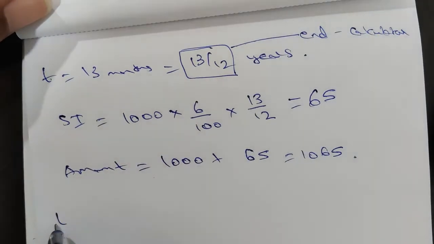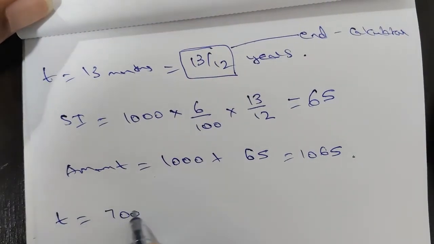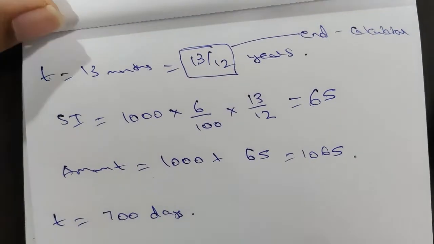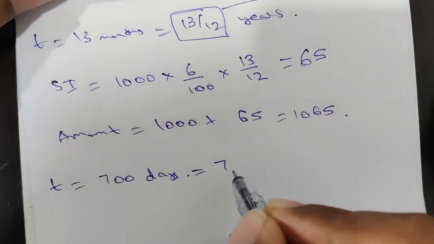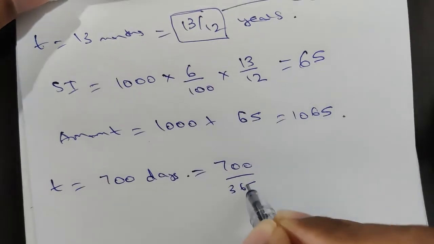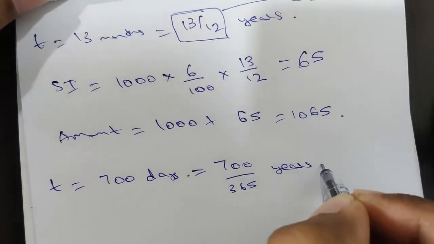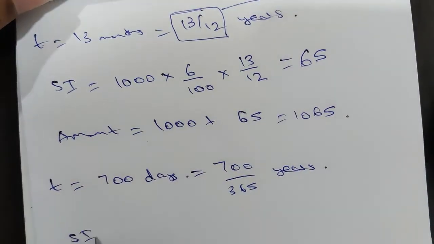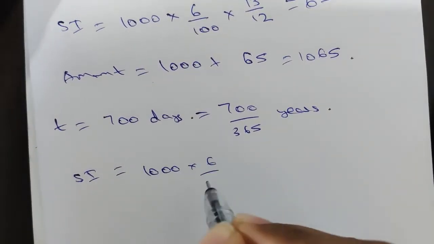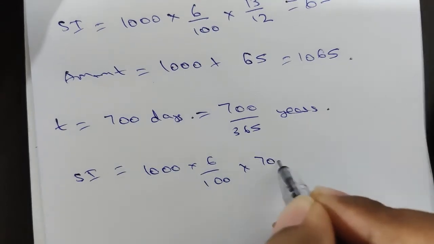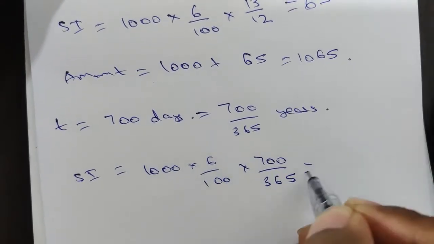Now again, if I say that the amount can only be invested for 700 days, again it's very simple. 700 divided by 365 years. So again your simple interest would be 1000 into 6 by 100 into 700 by 365.